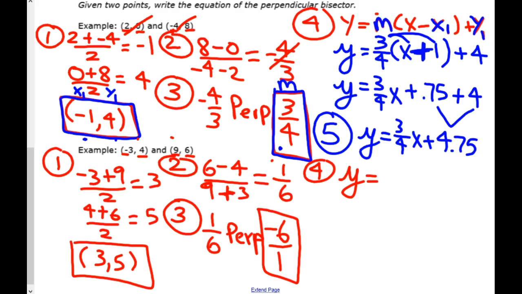What's the slope that we're using? Negative 6. And I'm going to leave it just negative 6. No over 1. Okay? Parentheses. And then we have x minus. What's x1? What's the x value of this midpoint? 3. Plus, and then the y1 of this point? 5.